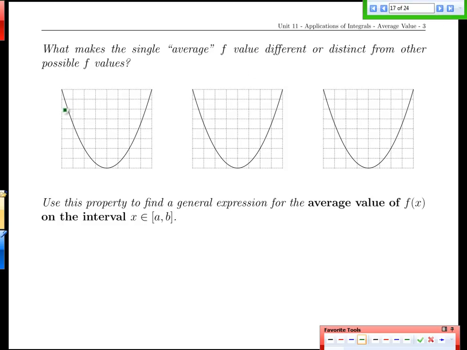I think if we consider a little Goldilocks scenario here, let's choose a too high example, and we'll choose a too low average. And again, remembering the average is a y value. So what would be just right? Well, what makes this value too high?